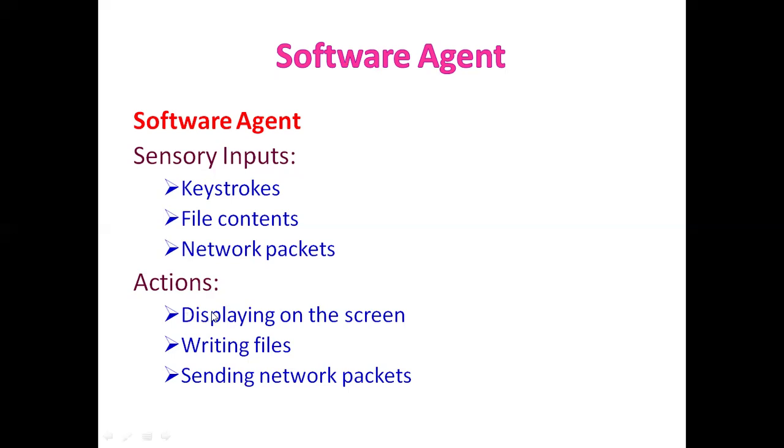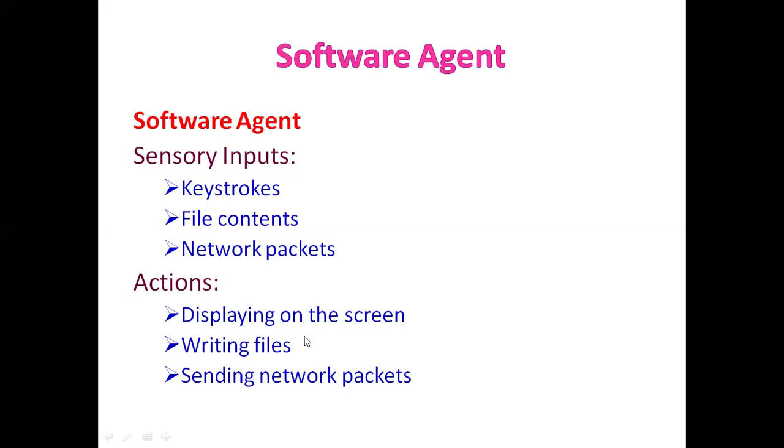So here the actions. The actions of a software agent are driven by the sensory inputs it processes. Displaying on the screen is a common action where the agent generates visual outputs based on user interactions or data processing, providing feedback or information to the user.